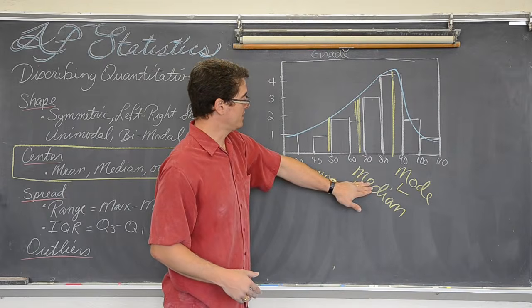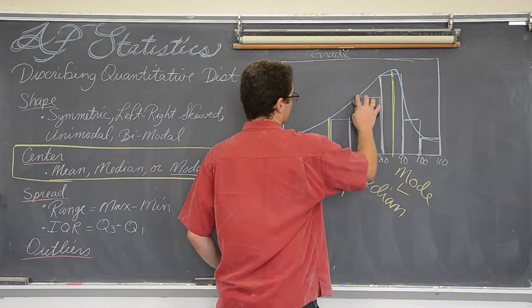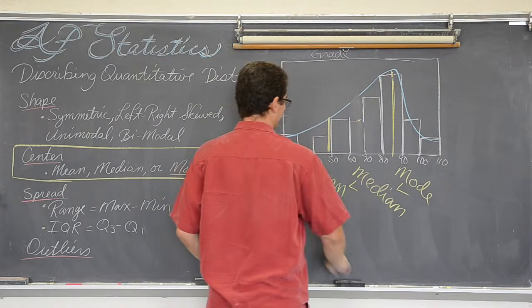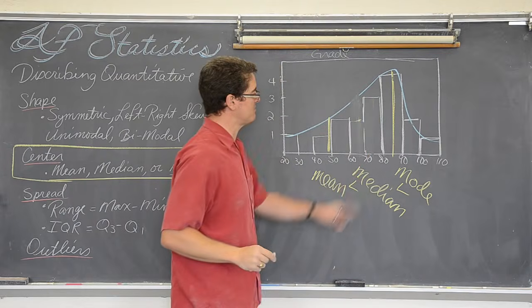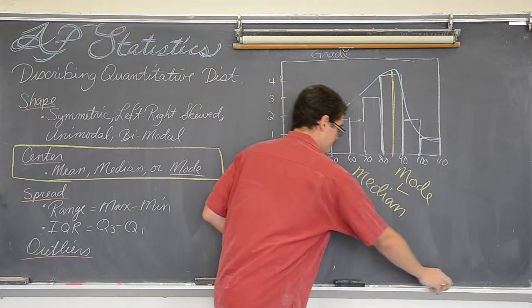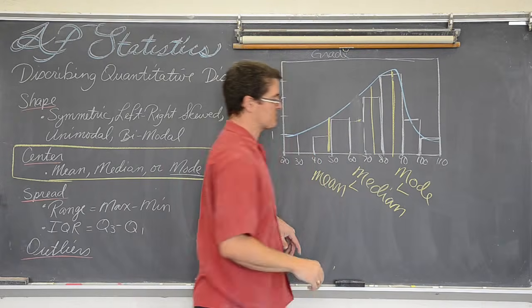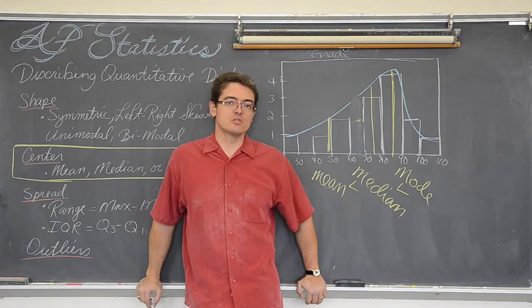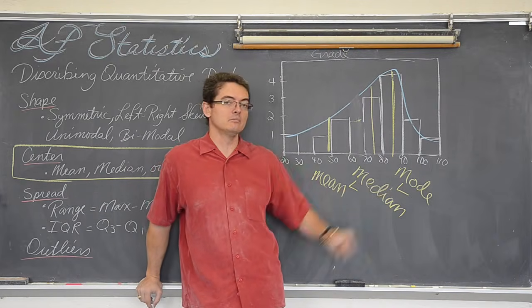So if I want to do this correctly, 1, 2, 4, 6, and another 3 make 9. So the median is actually, if you want to go back and change your notes, somewhere between 70 and 80. So, left skew distribution: the mean is the smallest measure of center, then the median, and then the mode.